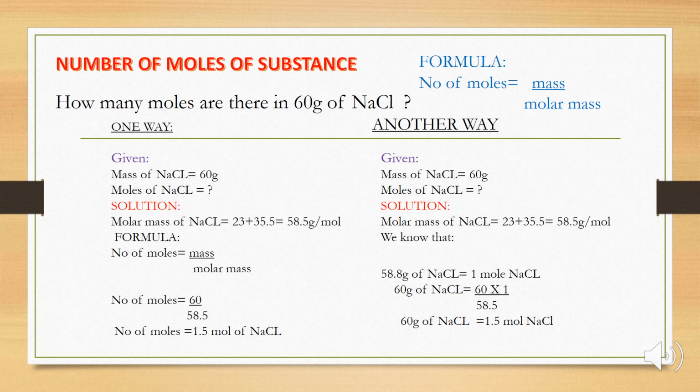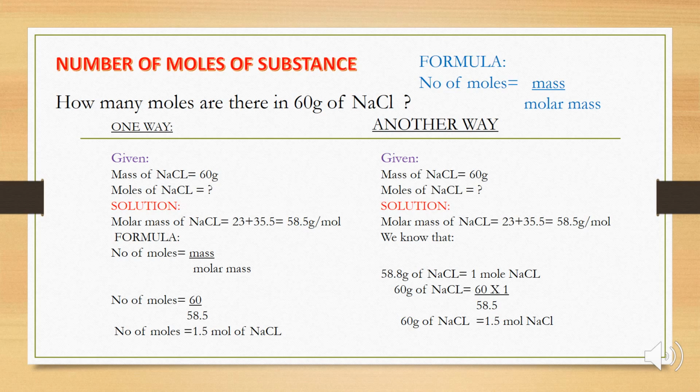So what will be the number of moles of sodium chloride in 60 grams of sodium chloride? Now look here, we have 58.5 grams of sodium chloride, which we know is equal to 1 mole of sodium chloride, because 58.5 grams is the formula unit mass of sodium chloride.